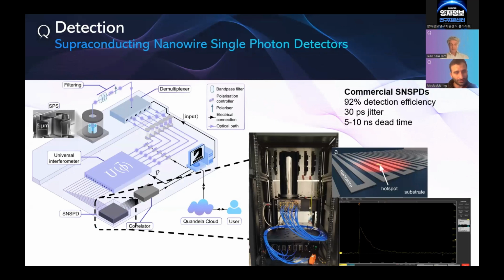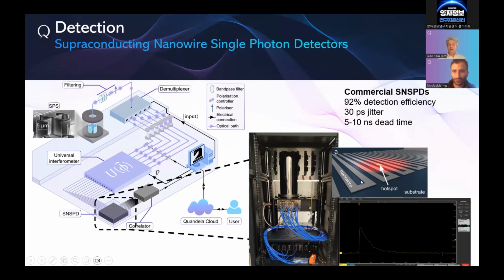To end the setup, we finally have detectors. In this case, they are cooled down to 4 Kelvin in a cryostat that you see here. This is the cold head of the cryostat inside this chamber. Inside you have single photon detectors called superconducting nanowires. The idea is also very simple.